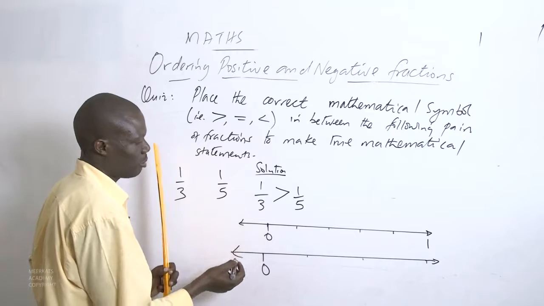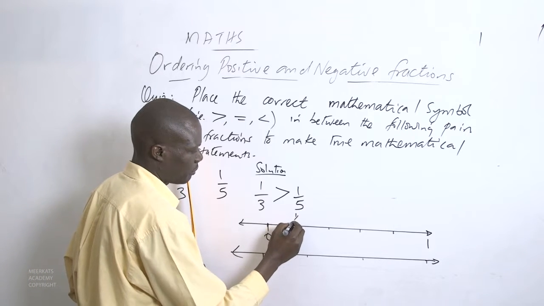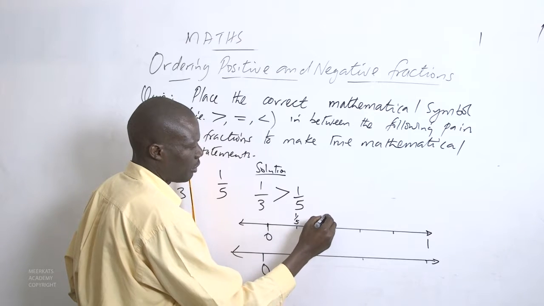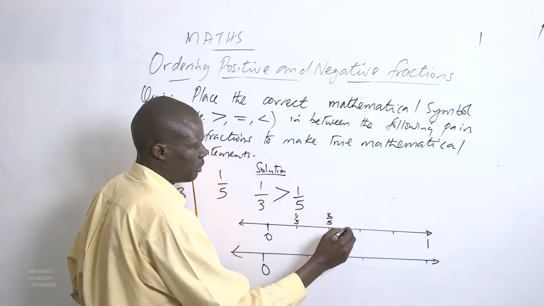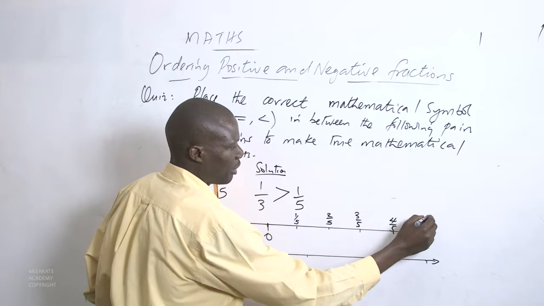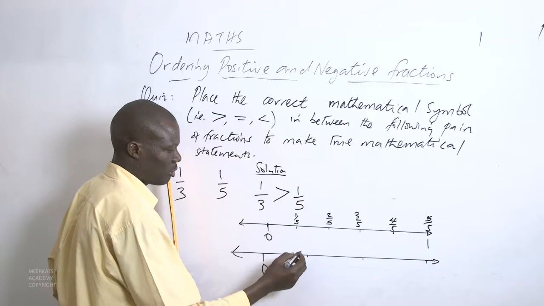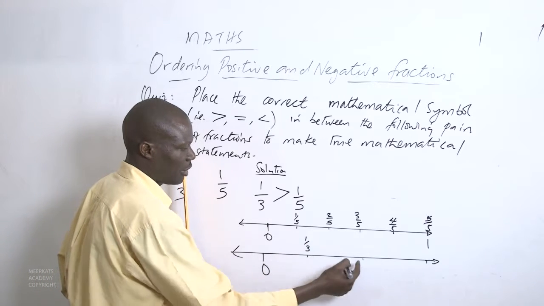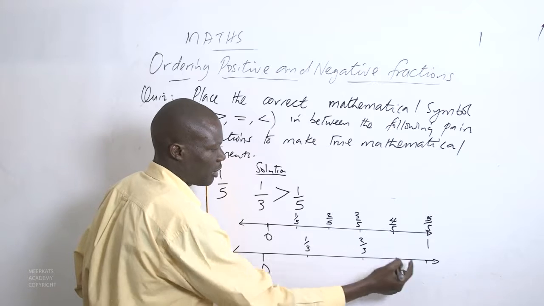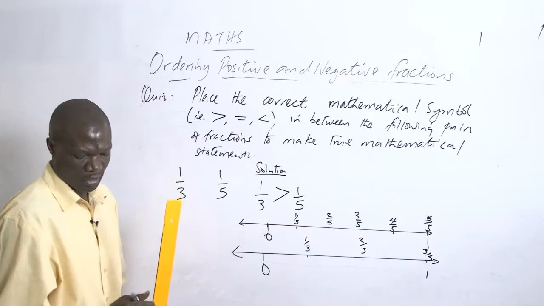So we have the first part, this is a fifth, 2 over 5, 3 over 5, 4 over 5, and 5 over 5, which means 1. For this one, 1 over 3, 2 over 3, and 3 over 3, which is 1.